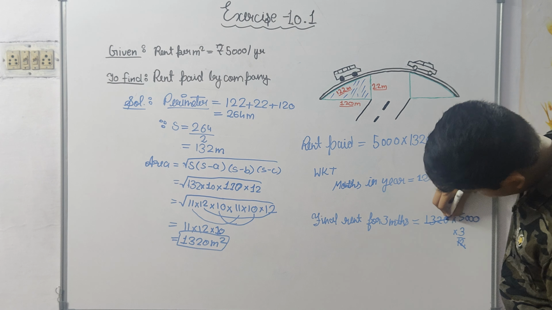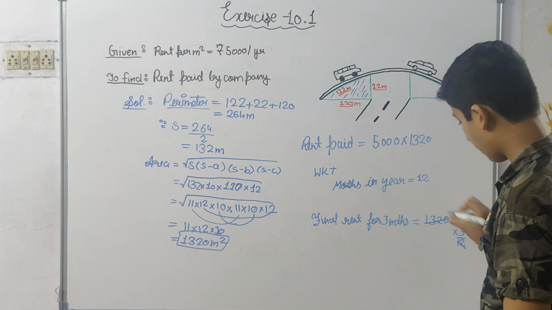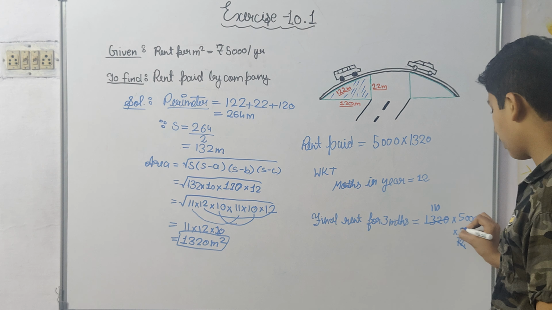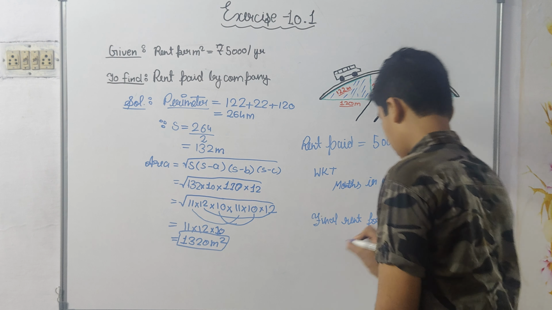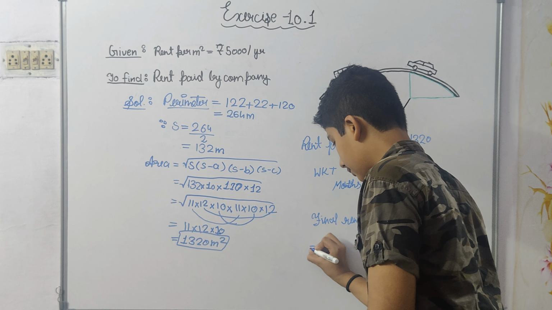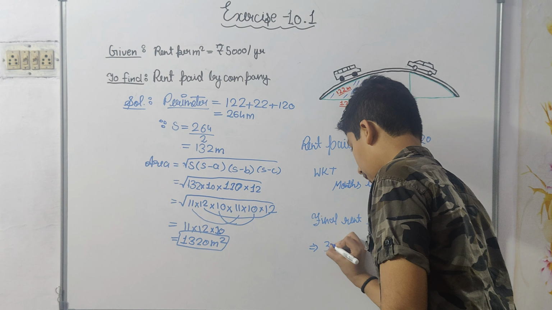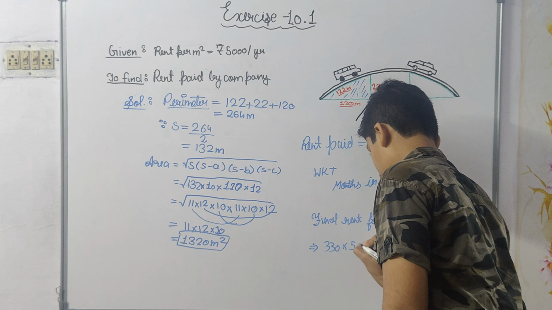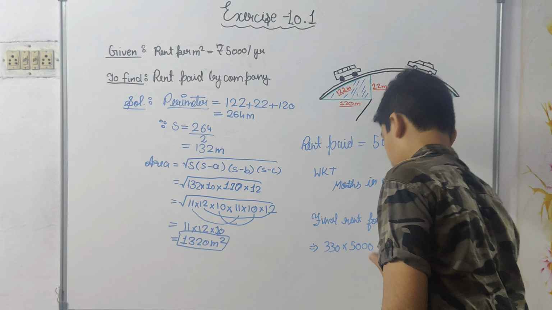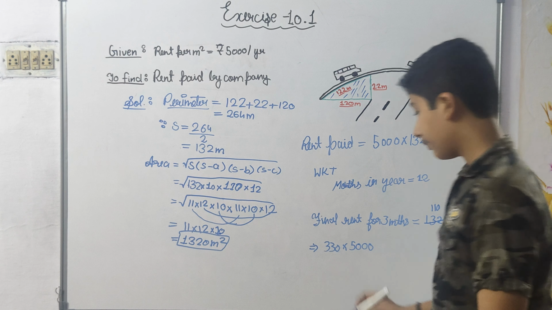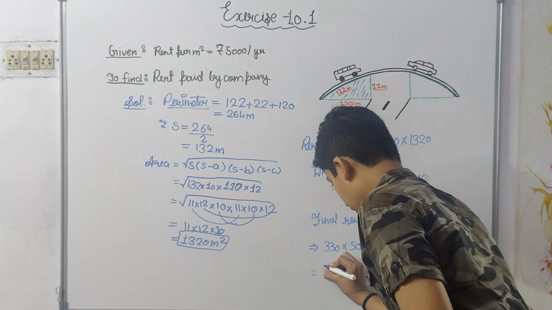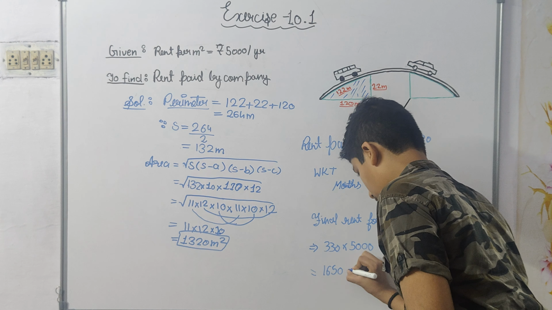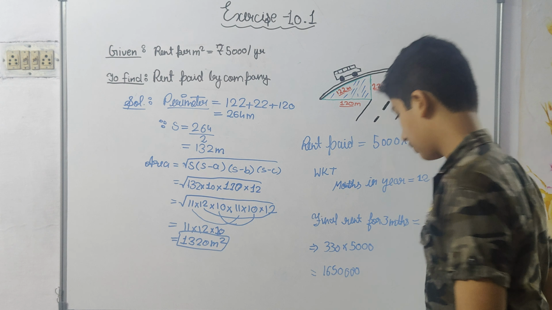If we cancel this out, 12 into 110 is 1320, 110 into 3 is 330. So it would be 330 multiplied by 5,000. 330 multiplied by 5,000 is 1650 and 3 zeros, 0, 0, 0.